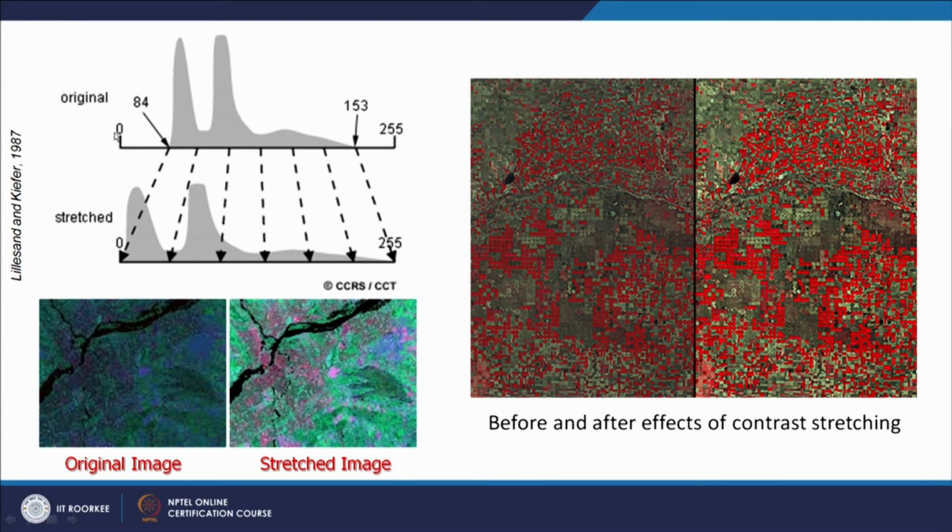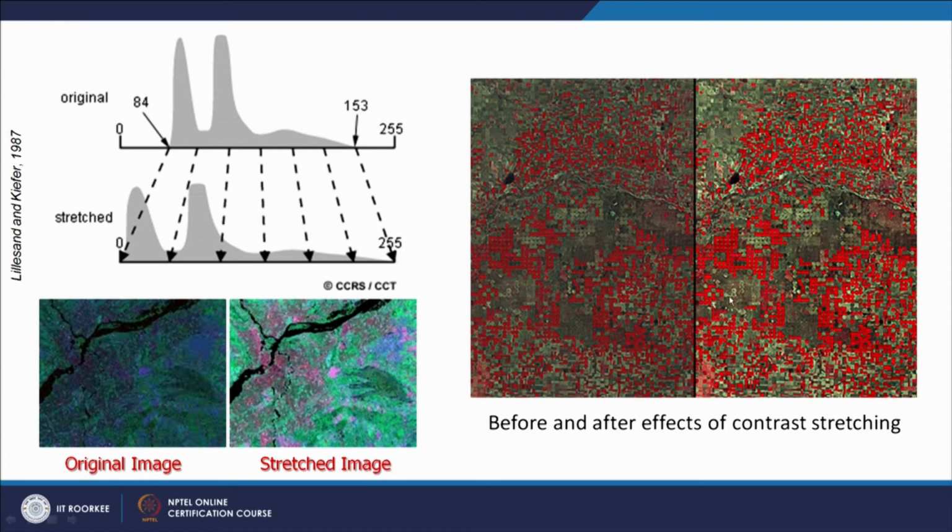The original image has this kind of bimodal distribution. In the histogram, the same histogram has been stretched to the full length available to us, between 0 to 255, and once we do it, we reach this kind of image, which is much better for image interpretation.